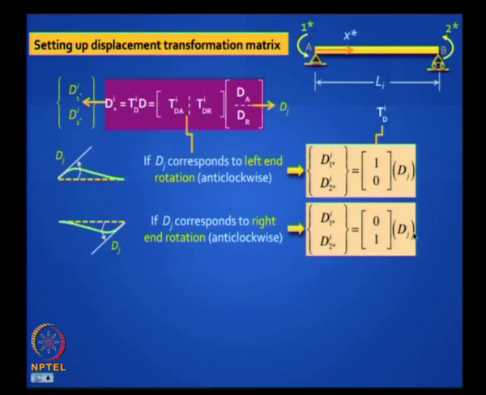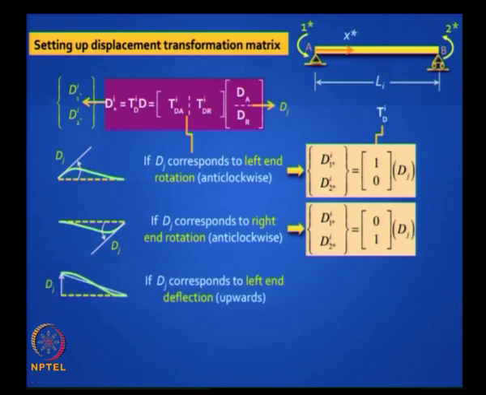The problem comes when you have a deflection. So let us look at that. Let us say you had a deflection in your structure, in your continuous beam. That means your element is going to deflect like this, all other coordinates, all other displacements being arrested. So how will you write d1 star, d2 star for this if the length of the element is L?